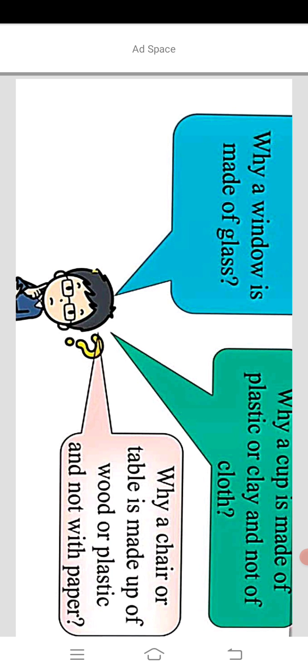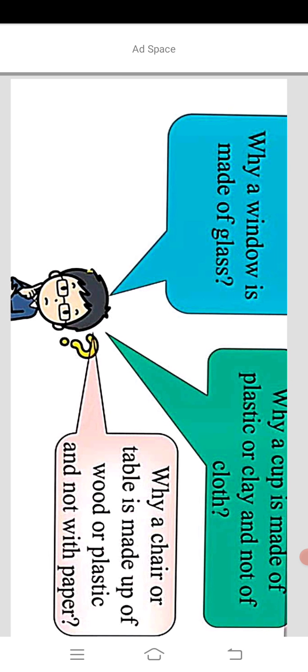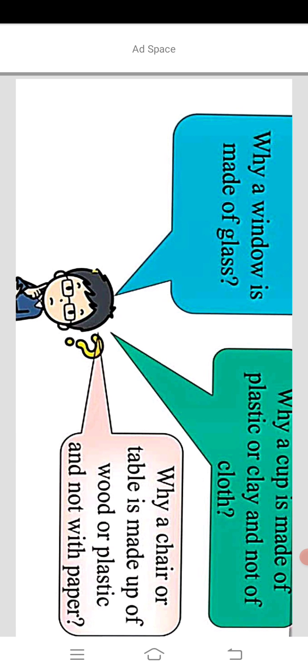Now, some questions come to our mind, that is, why is a window made up of glass, why is a cup made up of plastic or clay and not of cloth, why is a chair or table made up of wood or plastic and not of paper. Come to the first question, why is a window made of glass.